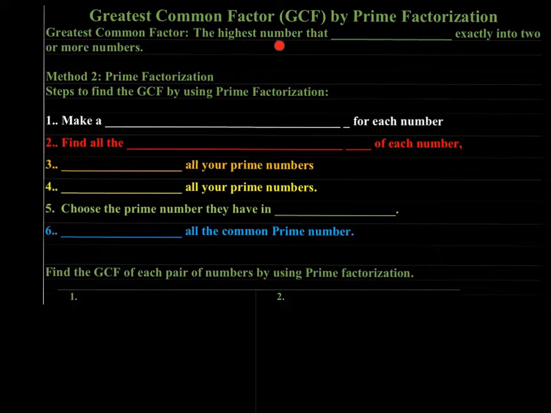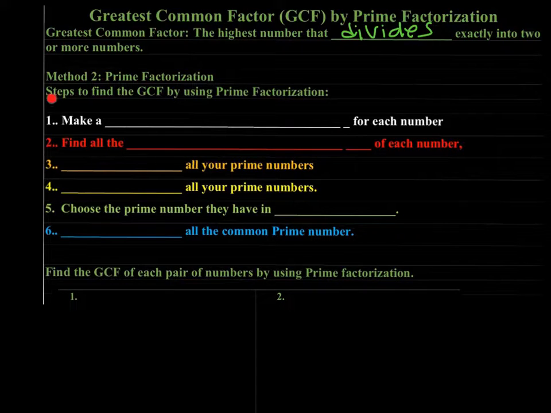The highest number that divides, D-I-V-I-D-E-S, divides exactly into 2 or more numbers. So today we will start the second method, or the second way, to find the greatest common factor, and again that is called prime factorization.